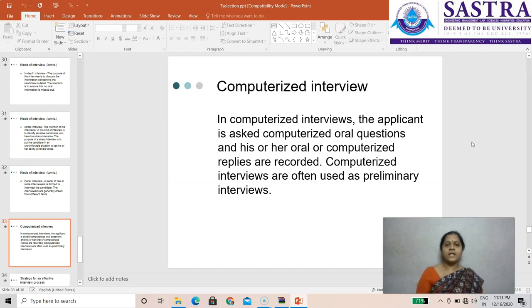And this is another type, which is the computerized interview. Here the applicant is asked oral questions, and the replies are recorded. Computerized interviews are often used as preliminary interviews.